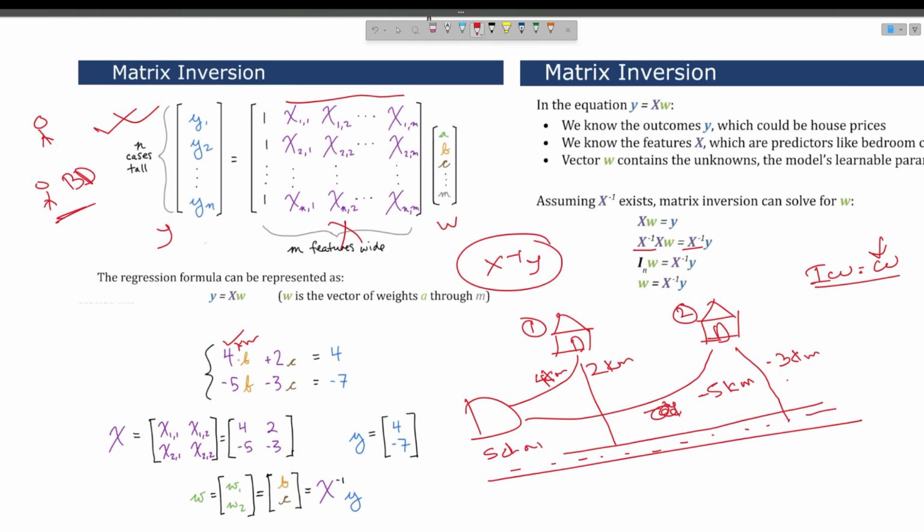Okay, here you can see we have features 4, 2, minus 5, minus 3. Okay, so we have this 4. Now you may ask, hey brother, we had 1 out here, why is it gone? That is the interesting factor.